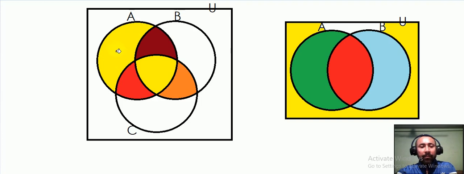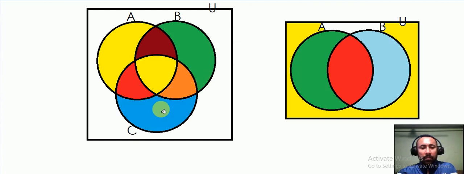From the whole region, we have to subtract this value and this value, and then the remaining value is n not A. Now that's n not B. And this one is n not C.